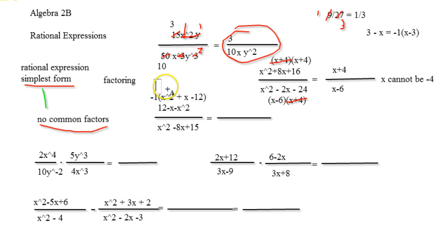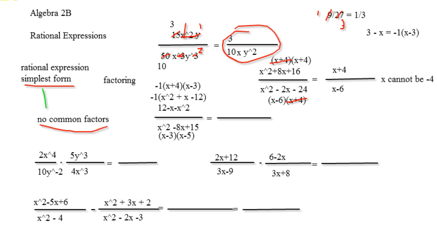Now when I factor it, I'm still going to have that negative 1 there, but now I'm going to have x plus 4, x minus 3 up top. And on the bottom, let me see, what two numbers multiply to positive 15 but add up to negative 8? That would be negative 3 and negative 5, or minus 5.